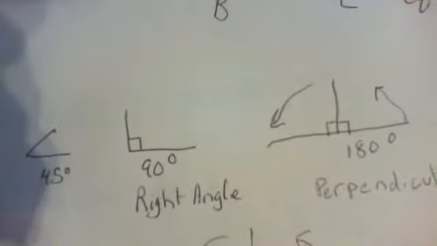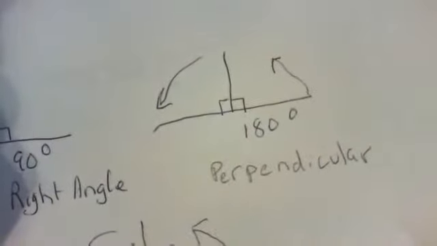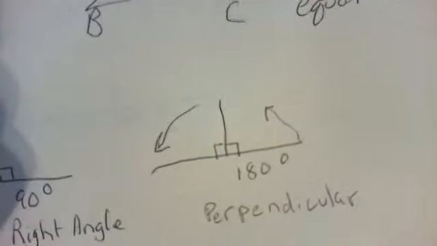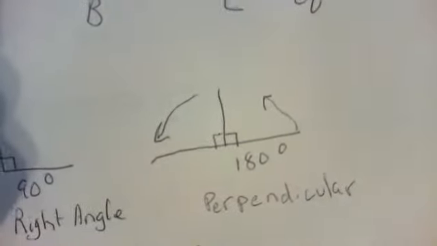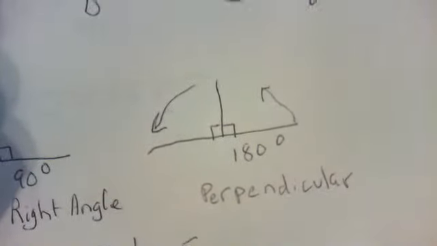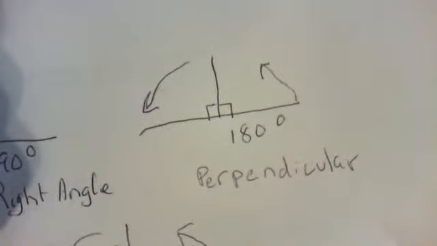Wherever you see this little box, you know it's 90 degrees. This is 90 degrees plus 90 degrees, which is 180 degrees. It's also a symbol for perpendicular. And all perpendicular means is there are two 90-degree angles. Perpendicular.